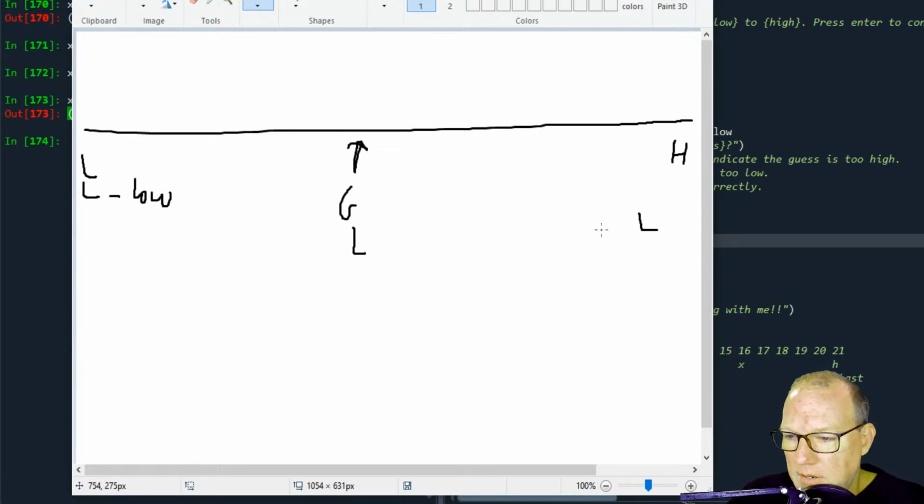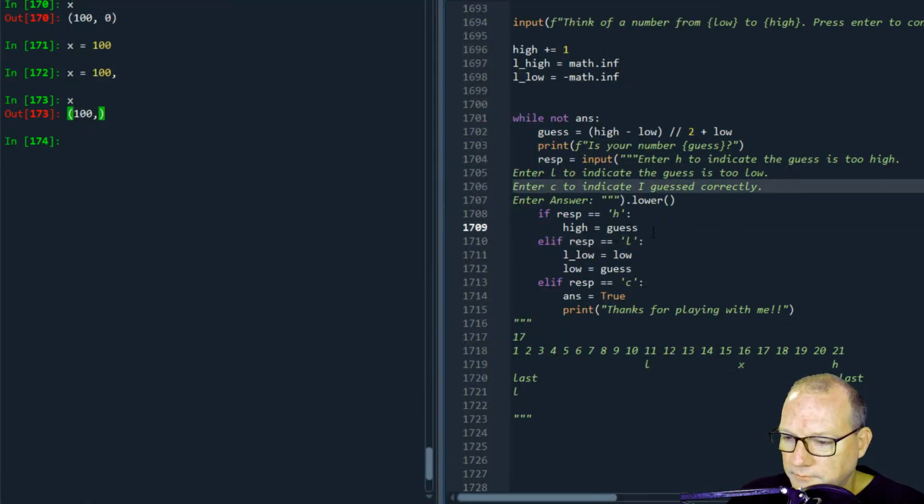Then if we get too high, then this is our guess. Then this becomes high. Then guess. This becomes high. And it's when our guess, so it's going to be here.